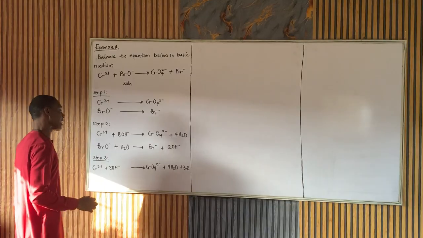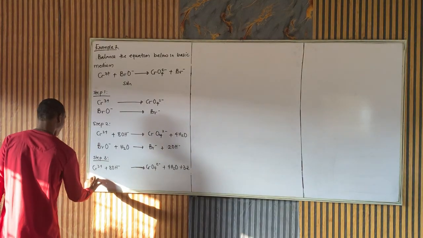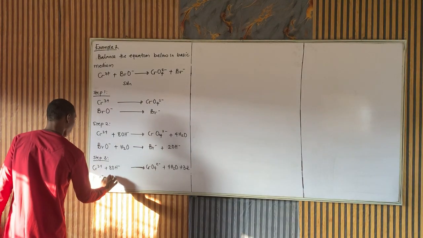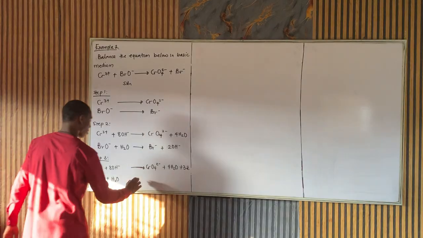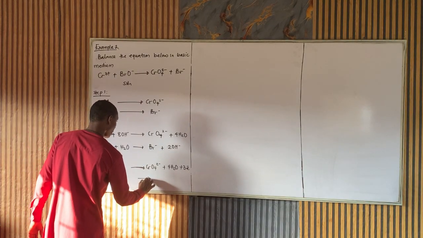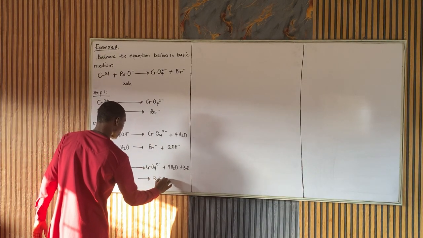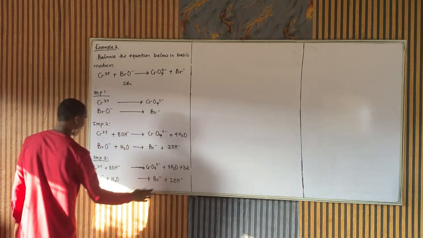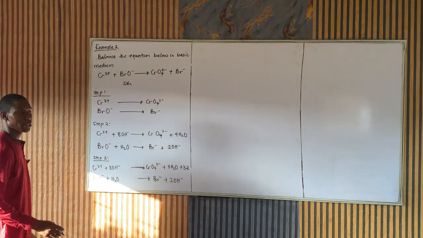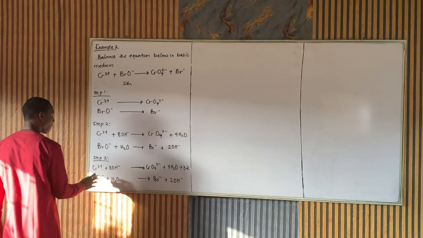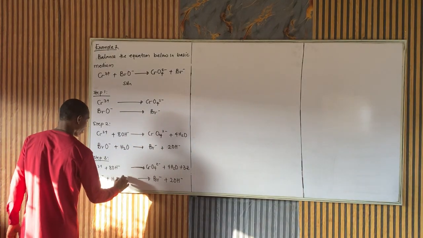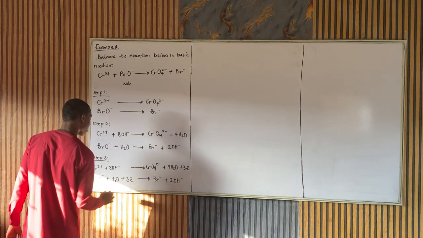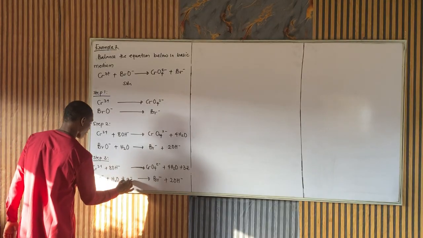So if we reduce that now, for the second one, we have BrO- plus water that gives us Br- plus 2 OH-. Right here, this is minus 3 and this is just minus 1. So you have to bring minus 1 to minus 3, reduce it to minus 3 by adding, sorry, 2 electrons.